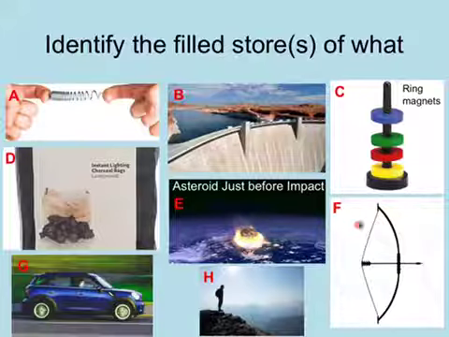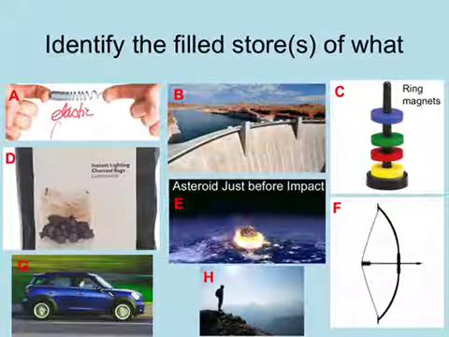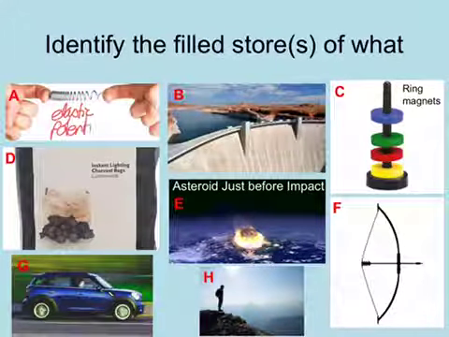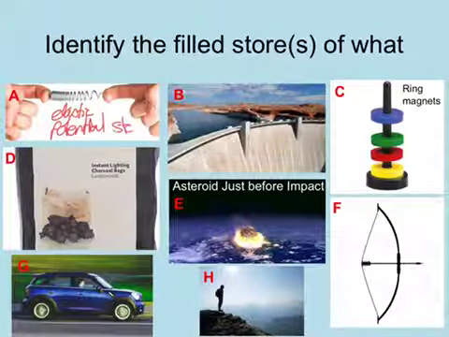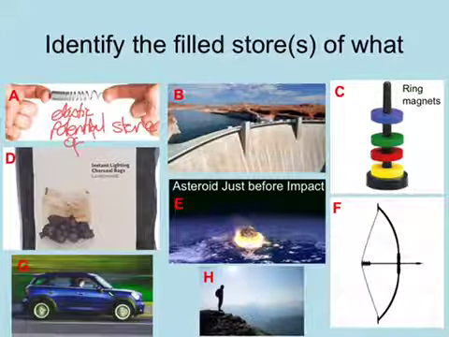What you're going to do now is look at each of these pictures in turn, and for each one I want you to decide which store of which object is filled. To get you going, I'll do the first one for you. I might say here that the elastic potential store of the spring is being filled.